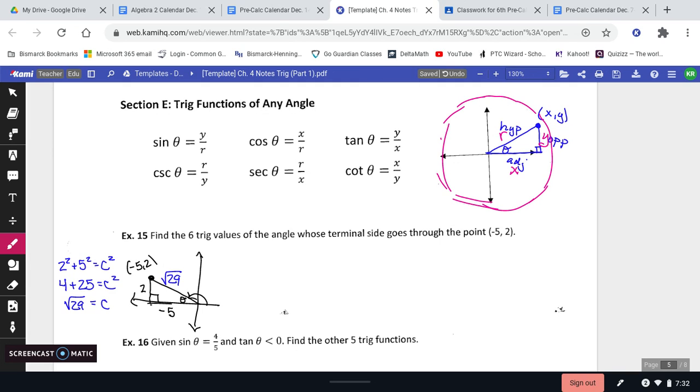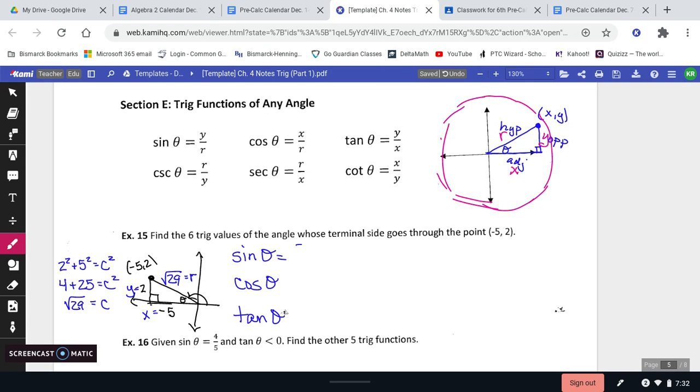So now your 6 trig functions: sine of theta, cosine of theta, tangent of theta. Sine is opposite over hypotenuse, or you can think of that as your y. Your 2 is your y, your -5 is your x, and this root 29 is your radius.